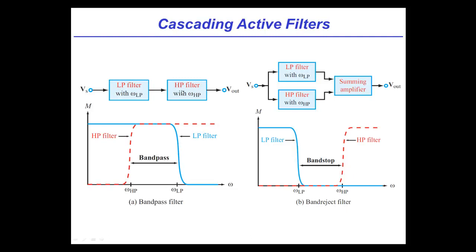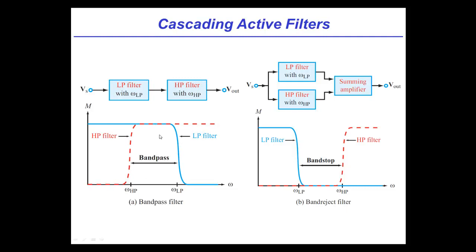So since it's so easy to design these things, what can we do with them? Well, we can start building more complex functions. For example, if I have a low-pass filter, which cuts off stuff above a certain frequency and passes stuff below it, I can cascade that with a high-pass filter, which cuts off stuff below a certain frequency. If the low-pass filter cutoff is positioned such that it is above the high-pass filter cutoff, what we get is something like this.